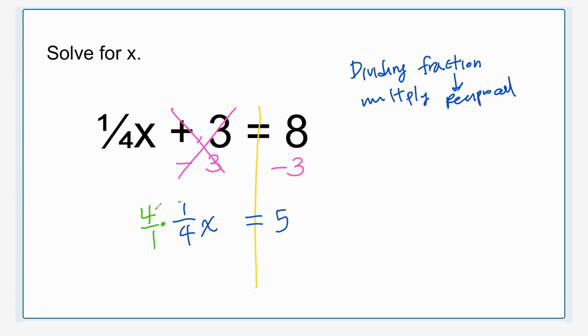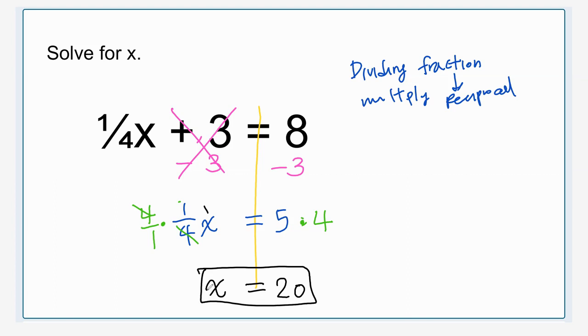So I multiplied by 4/1 on the left side so that I am just dealing with x. But now, since I multiplied by 4/1, which is the same thing as just 4, I multiply by the same value on the right side, which is 4 over 1, the same thing as 4. 5 multiplied by 4 is 20.